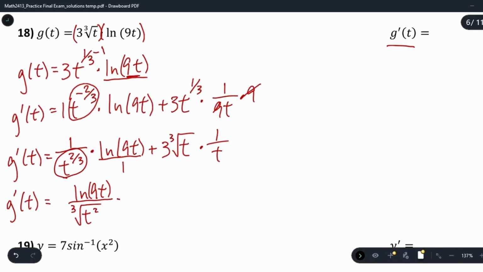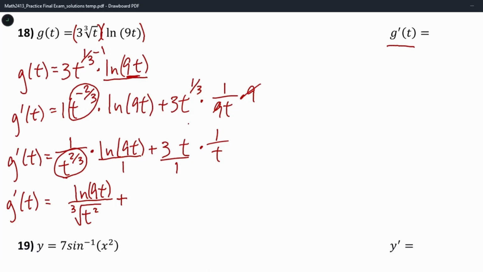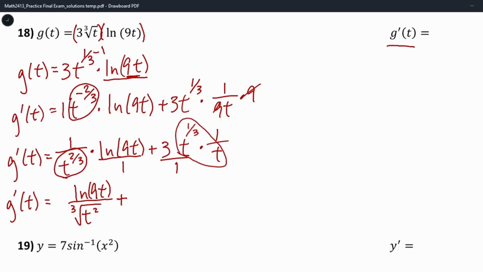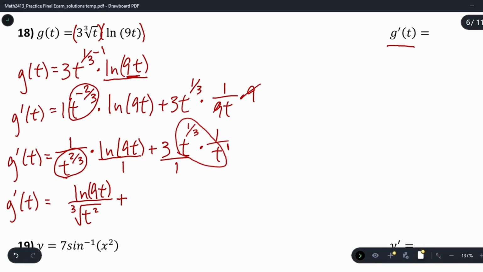squared plus, notice on this second term, I think I may have prematurely put this back into radical form. If I go ahead and rewrite that as t to the 1/3, I can see that I do have t's top and bottom, and I can reduce those. So this t has a 1 for an exponent.